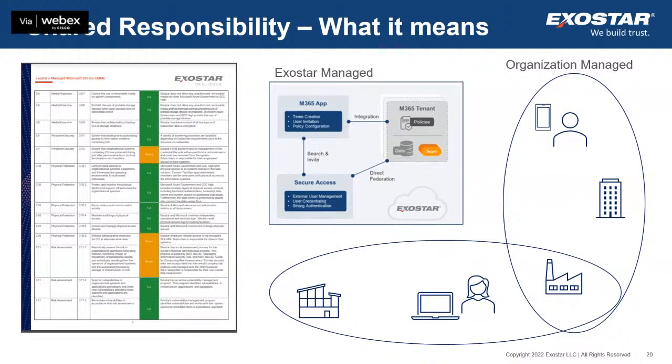You then connect the people you want to have access to it. Exostar has written an application that controls that Microsoft Teams environment, so the teams that you create themselves meet the necessary controls. And then you grant users from your organization access to that tenant.